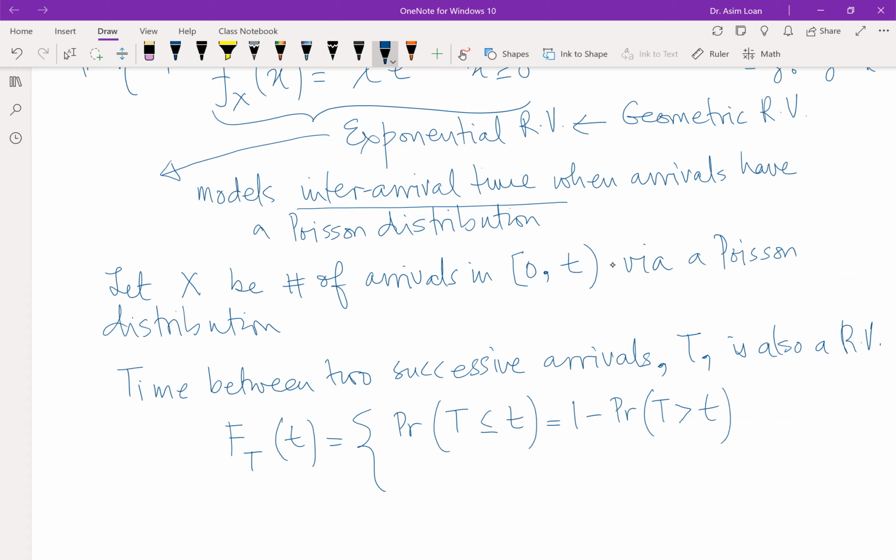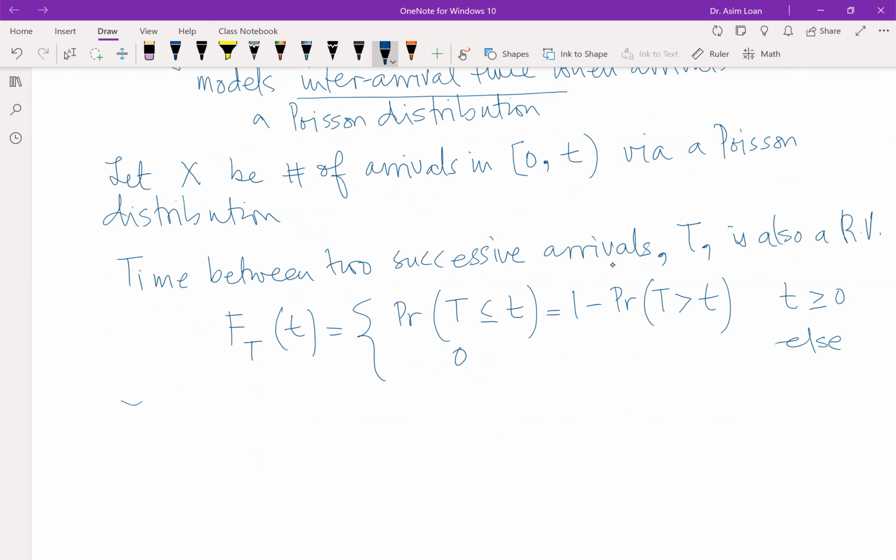Why? Because these two are disjoint sets, and when you take the union, they should add up to 1. This is for t greater than or equal to 0, and 0 otherwise. Now in terms of x, what is the event T greater than t?